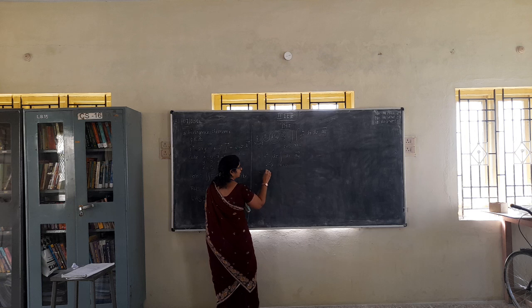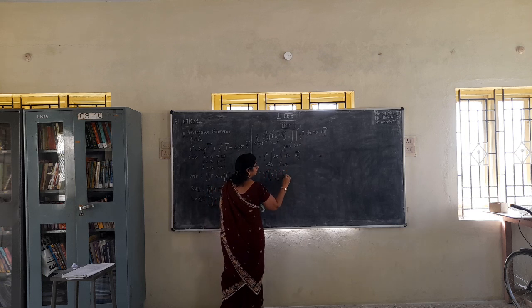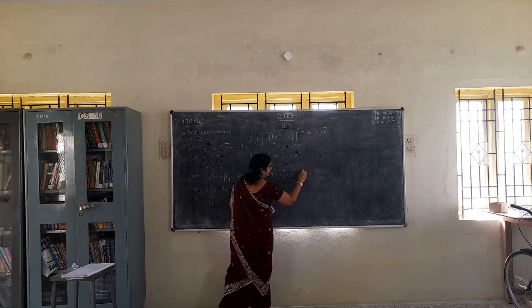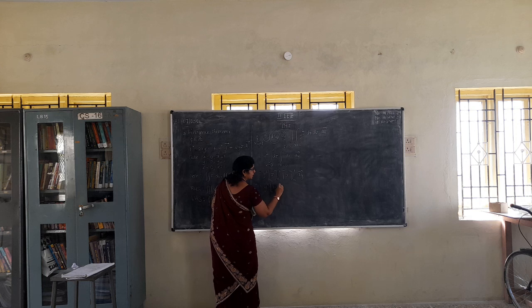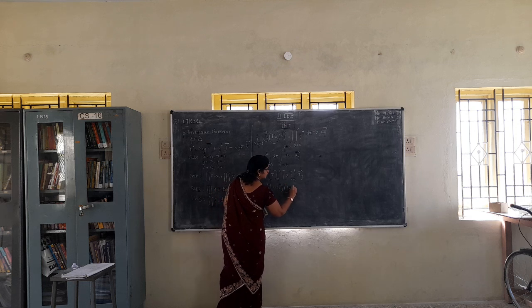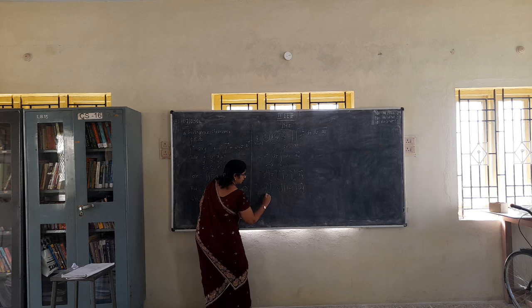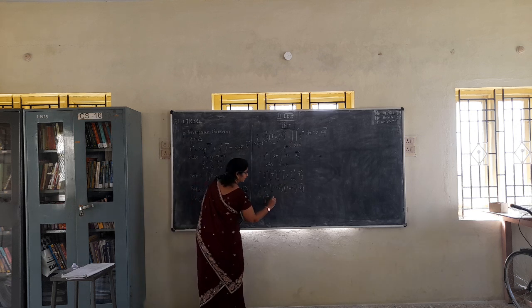So y square into x from 0 to 1, z from 0 to 1, ay vector. So it is y square into 1 minus 0 into 1 minus 0, ay vector. So it is y square. Finally it is y square into the ay vector.